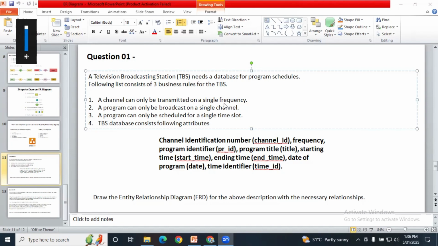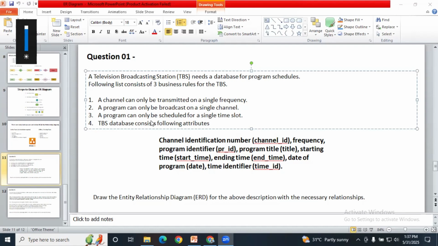Okay. Channel is an entity. Someone says program is an entity. In the second line, they are describing that a program can only be broadcast on a single channel. So we can get program as an entity. Okay, so tell me another entity.